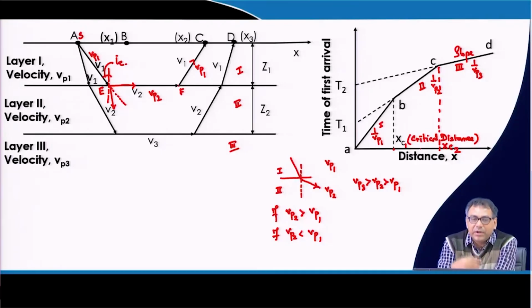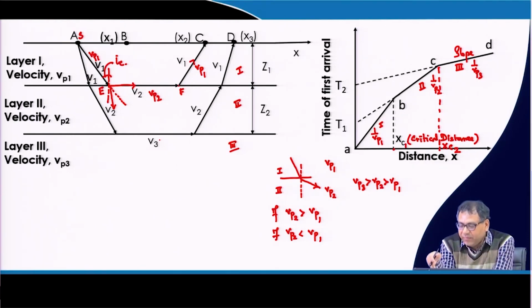Now, if I put any geophone beyond the distance xc2, then the refracted rays traveling along the interface between the second and third layer will reach first, because again the third layer wave velocity is greater than the second layer. So, every point where the slope changes gives me a critical distance, which indicates which refracted rays will reach first.